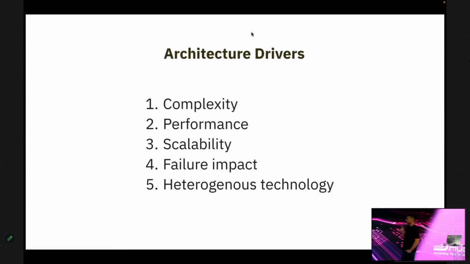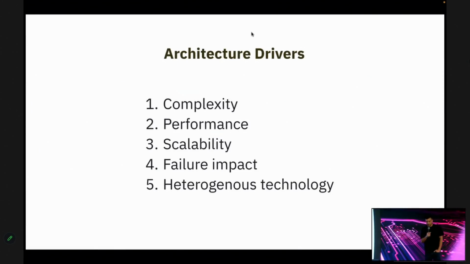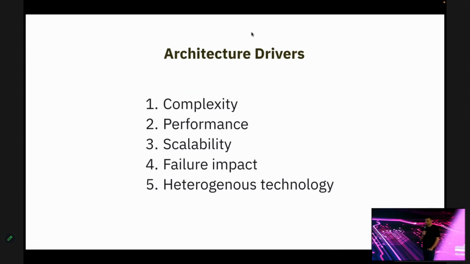What are the architecture drivers that we should take into account when we consider using this architecture? First of all, the complexity. Complexity is much lower compared to any other distributed architecture style. In a modular monolith, all the communication happens in memory.